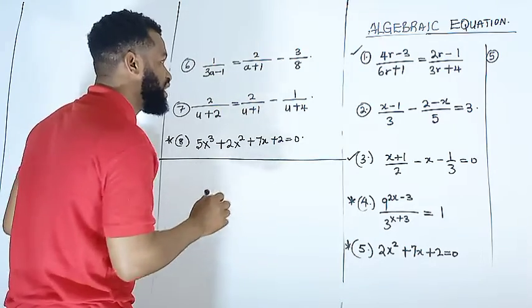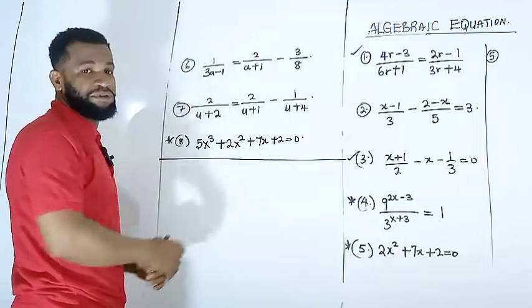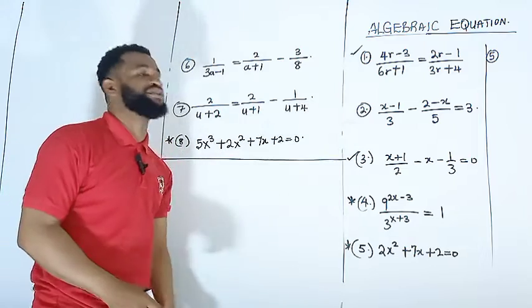So I'm going to take the LCM. The LCM is (6r plus 1)(3r plus 4). Remember, we have done this kind of finding the LCM of an algebraic term in my previous video titled Algebraic Expression. Please, you can check it.